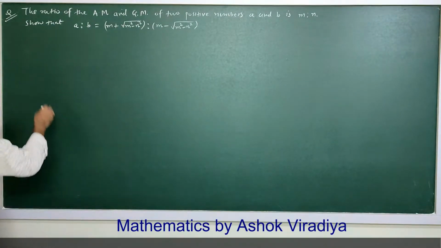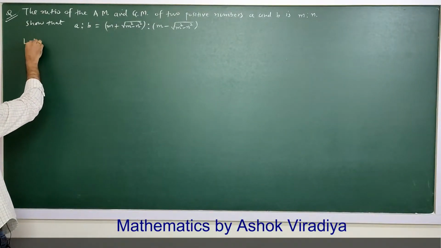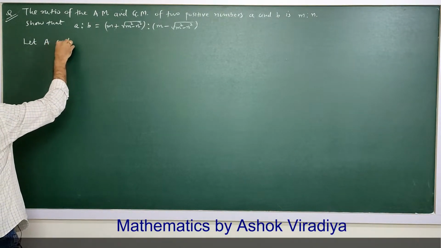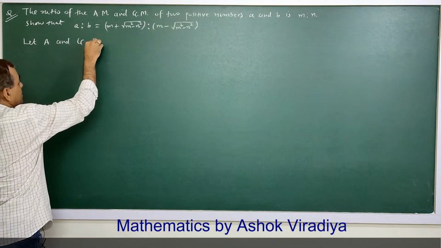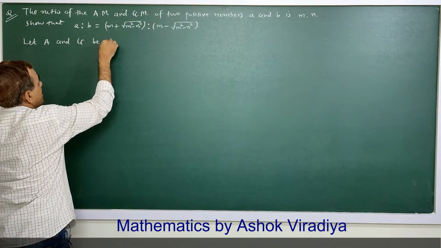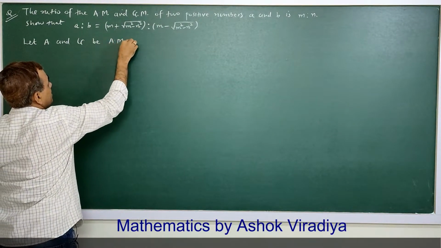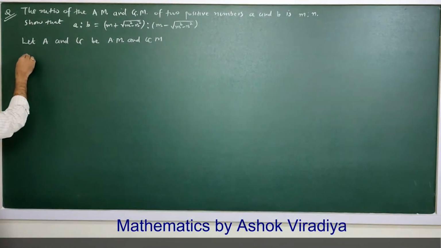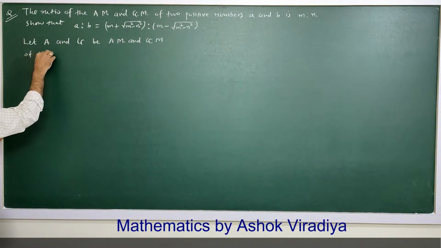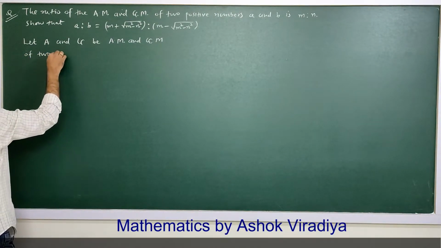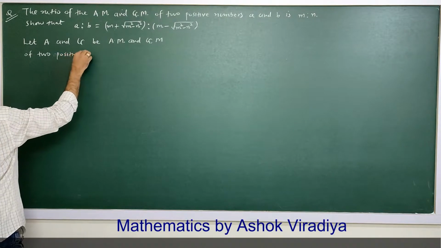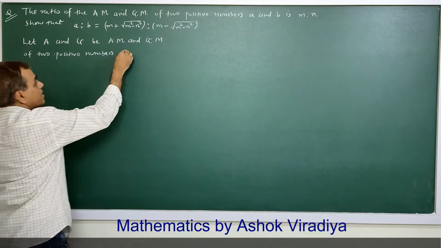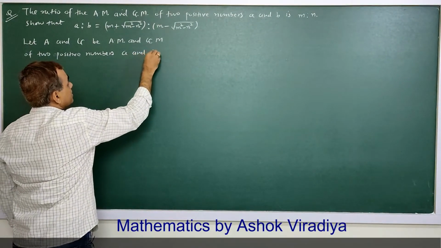So say here, let A and G be the arithmetic mean and geometric mean of two positive numbers a and b.